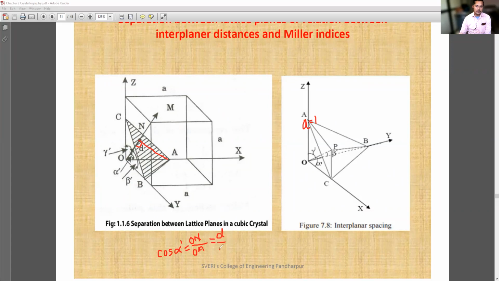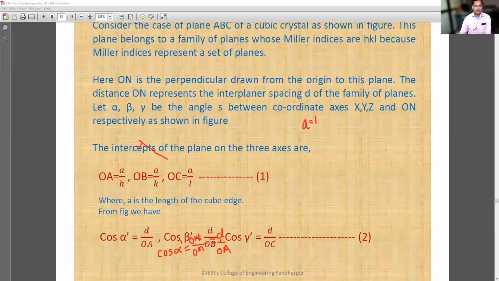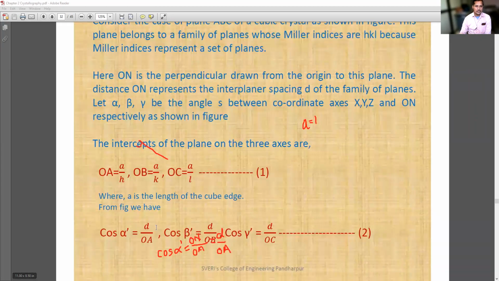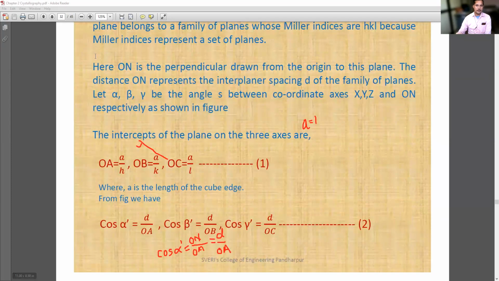So it simply becomes d upon OA. आणि तेच आपण हे डिफाइन केलेले पुढच्या स्लाइड मध्ये लिहू शकता. So this cos alpha dash is nothing but d upon OA. Is it clear? Yes, sir. Now similarly cos beta dash is nothing but d upon OB and cos gamma dash is nothing but d upon OC. Okay, so these are intercepts and interfacial angles we have defined.